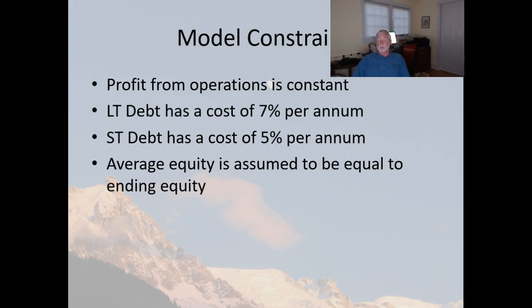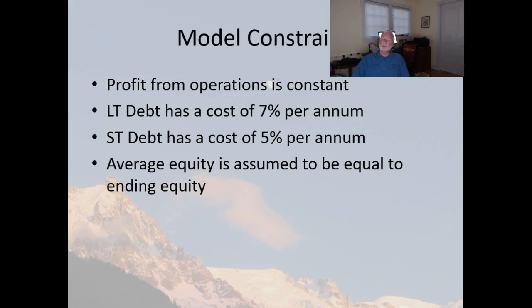Operations are about doing stuff. Finance is about where the money comes from and who gets the returns, I guess. And in this model, long-term debt costs 7% annually. Short-term debt costs 5% annually.